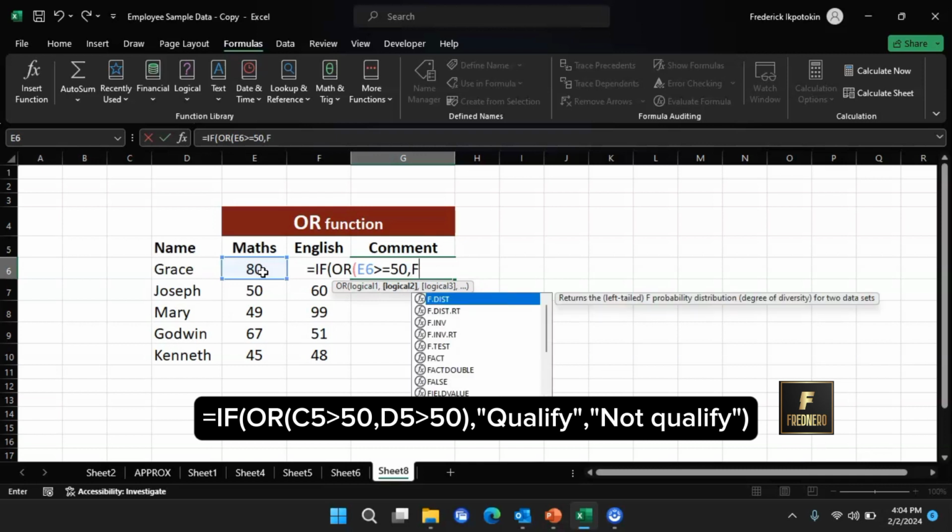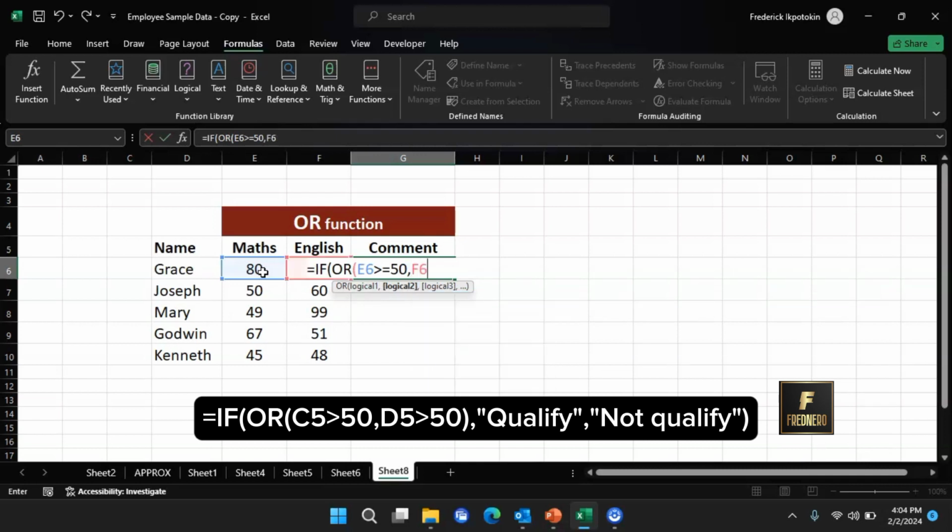F6 is greater than or equal to 50. Qualify. Not qualify.